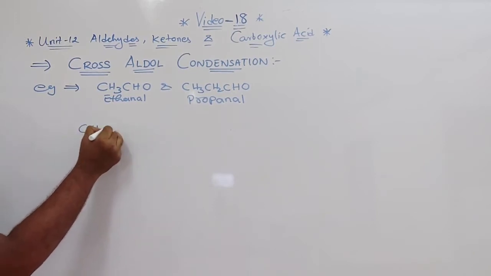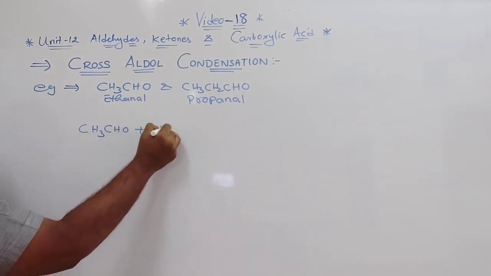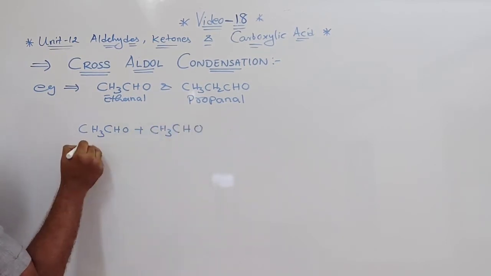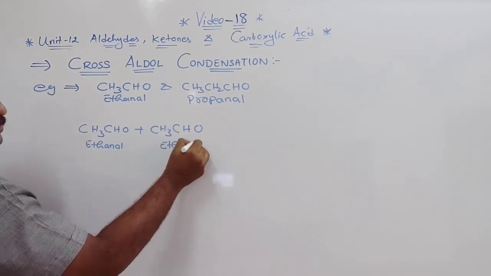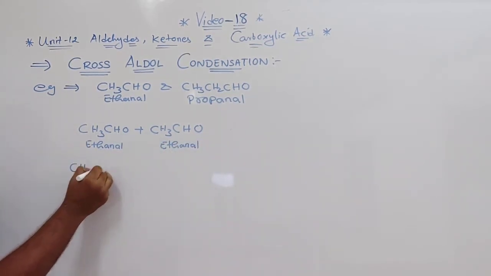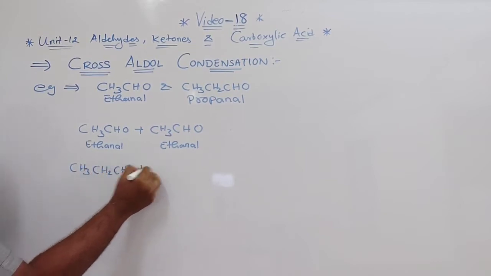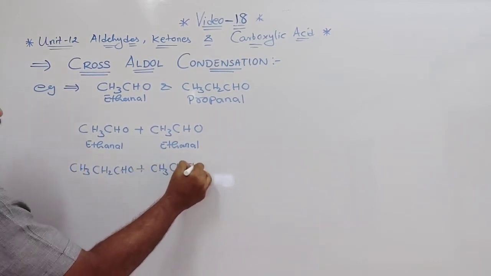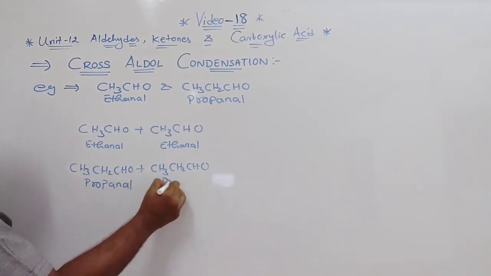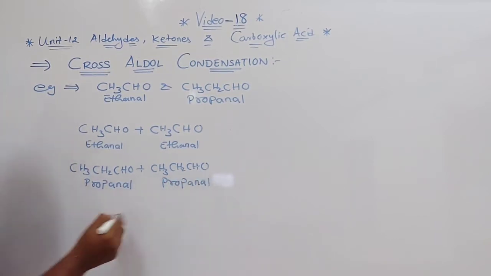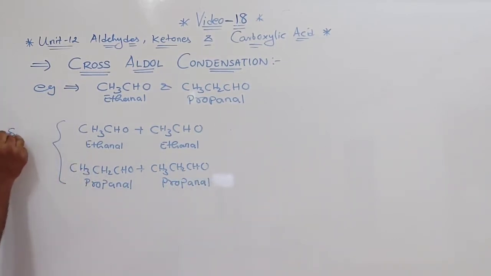First I will take two molecules of ethanal, CH3CHO, both ethanal. Then I will take two molecules of CH3CH2CHO plus CH3CH2CHO, that is two molecules of propanal. This one we are talking about is self-aldol condensation.